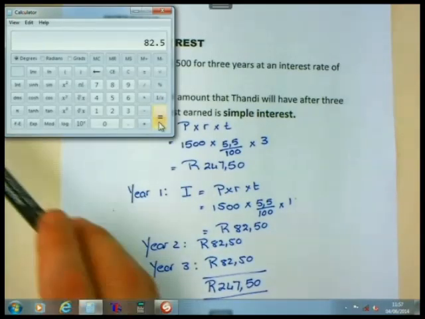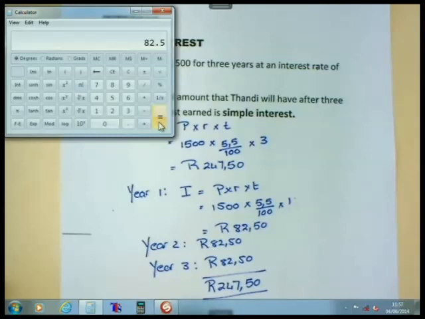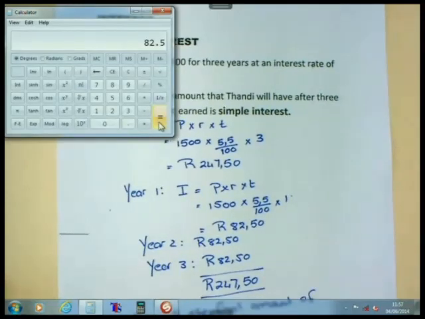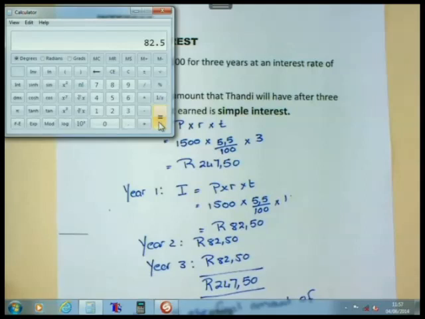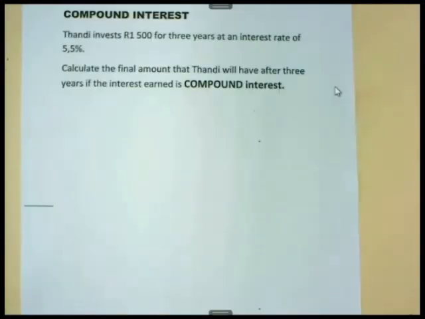If you are now asked, after you calculated the interest, what the final amount of Tandi's investment will be, we can simply take the 1,500 Rand, add the 247 Rand 50 interest, and we will see that the total amount that she will have after the 3 years will be 1,747 Rand 50 cents.